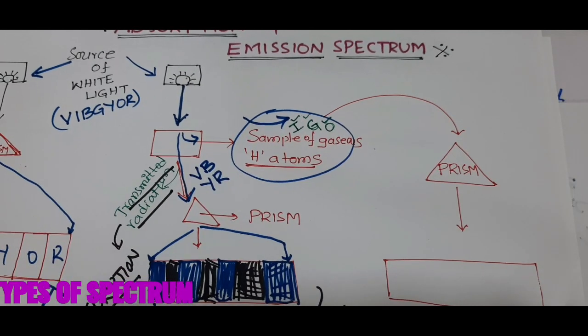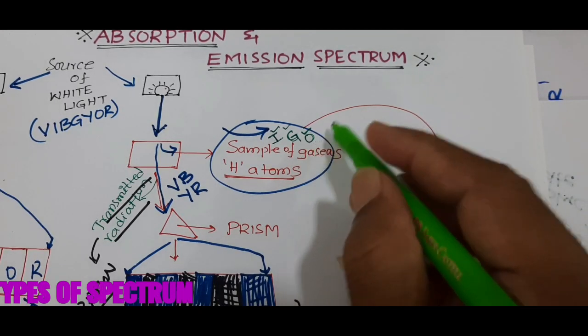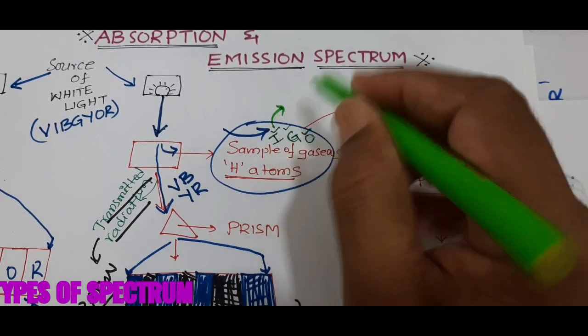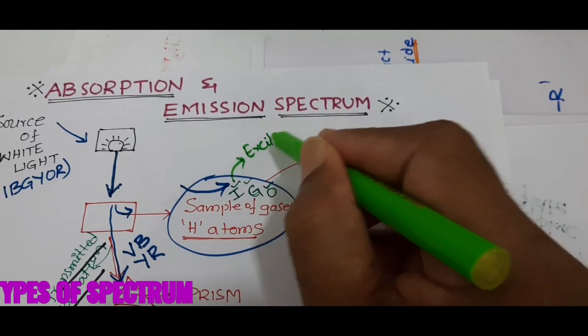And students, let's see, now we have a sample of hydrogen gas, that is hydrogen atoms or hydrogen molecules. We have hydrogen atoms. In these hydrogen gaseous atoms, electrons are in the excited state because they have the energy.